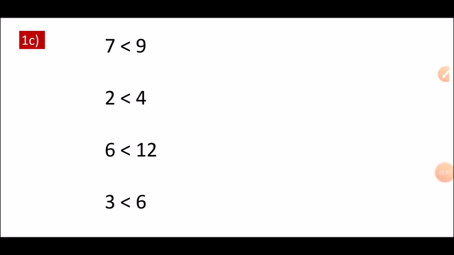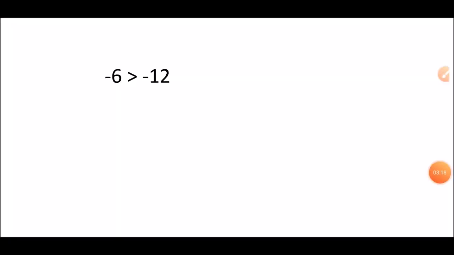So here are some more examples. As you can see, 7 is smaller than 9, so that's why the sign's been shown like this. 2 is smaller than 4, so we've got the sign arranged like that. 6 is smaller than 12, and 3 is smaller than 6. And as you can see here, -6 is greater than -12.